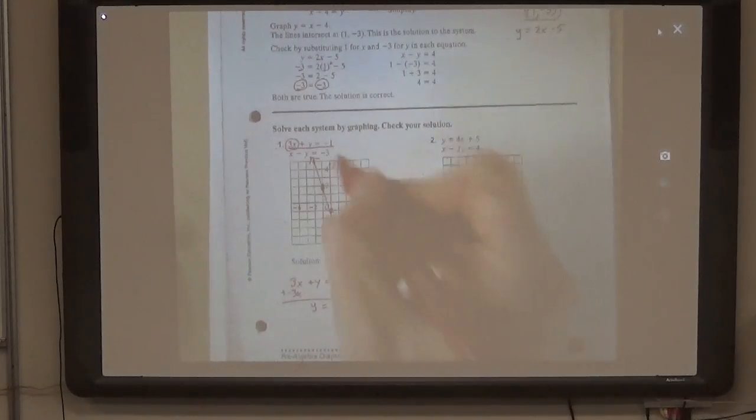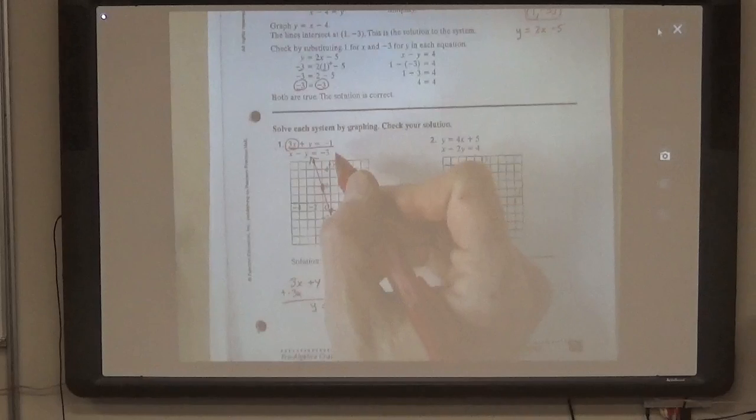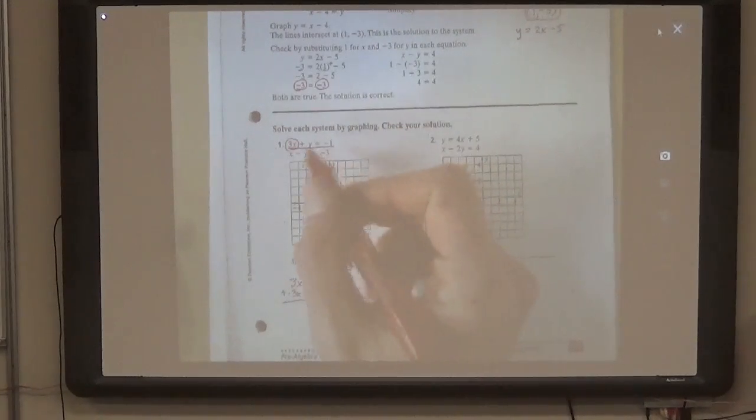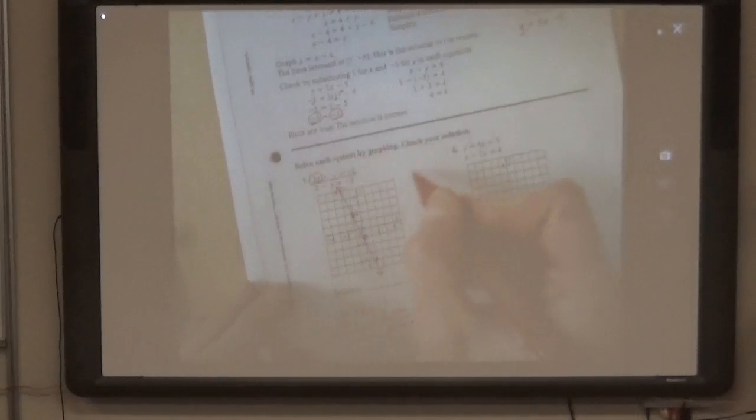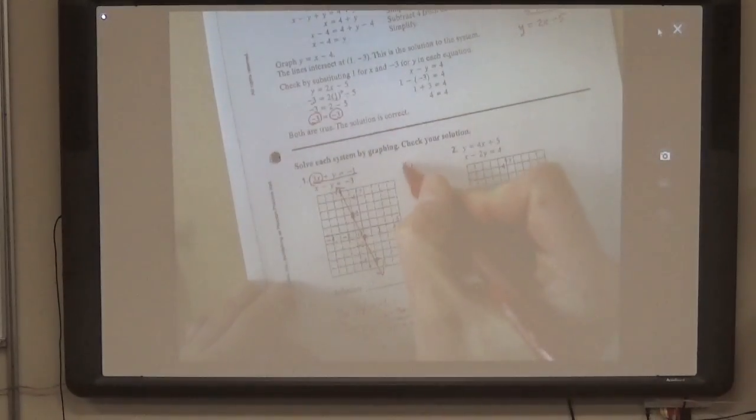Now let's graph the second equation. Since this one is x minus y equals -3, we may want to just find 2 points that work. Like 0 and 3. 0 minus 3 is -3, right? So on the second one, for x and y, we can use 0 and 3 to graph it.